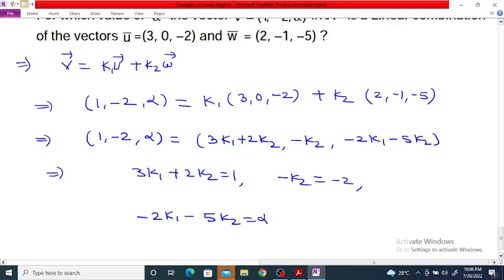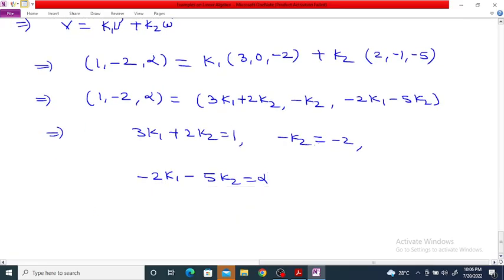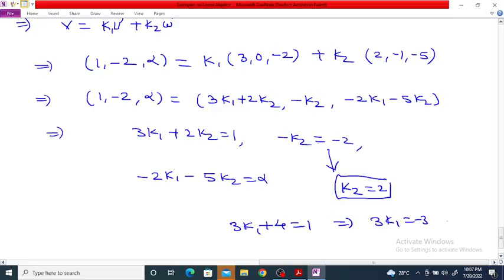If we simplify, from the second equation we get k2 is equal to 2. If k2 is 2, then k1 is what? 3k1 plus 4 is equal to 1. This implies 3k1 is equal to minus 3, and this implies k1 is equal to minus 1.